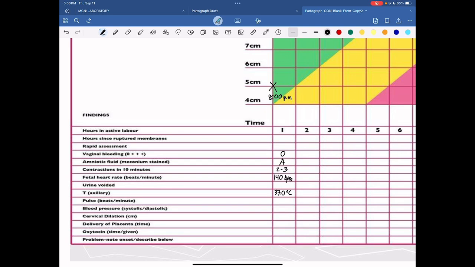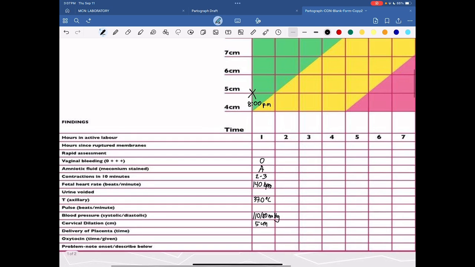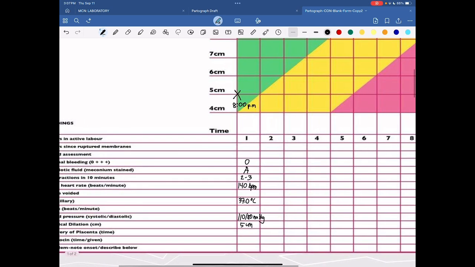And the blood pressure was 110 over 80 millimeters of mercury. Then cervical dilation, again it was 5 centimeters. And then delivery of placenta has not yet happened. Oxytocin was not yet given. And that is it for our 8 p.m. assessment.